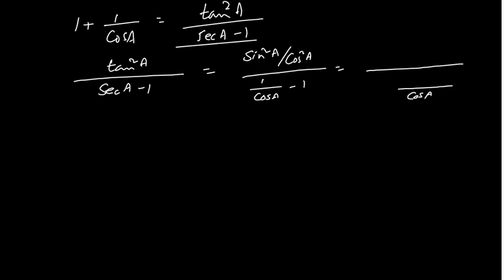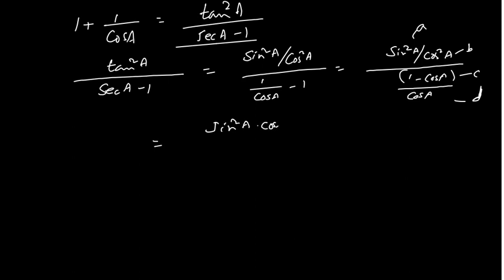So A is sin squared A, D is cos A, divided by BC, cos squared A into 1 minus cos A. So we have cos squared A down below, B is this, C is this, and so combine the things.